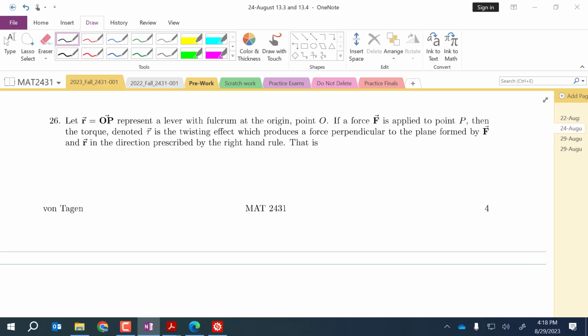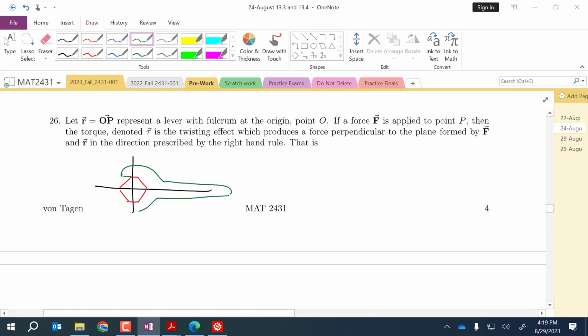Let's just work with this picture here. If I think about there being a hex head bolt on the origin, like so, and if I take a wrench to that bolt, and I exert some sort of force on this wrench, that's going to generate a torque on that bolt, which will either drive the bolt into the wood or twist the bolt out of the wood, right?